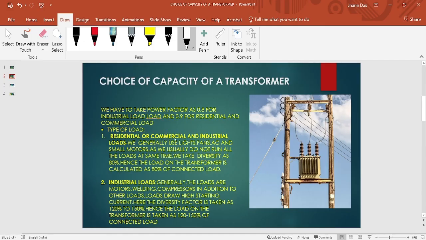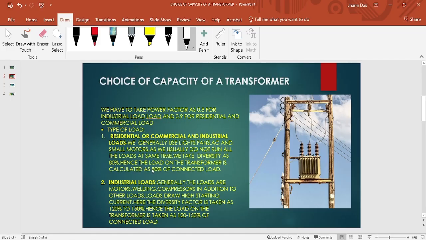In residential and commercial loads, we generally use loads such as fans, AC, or small motors, and these loads usually don't run at the same time. So we have to take some diversity factor, that is 80%.